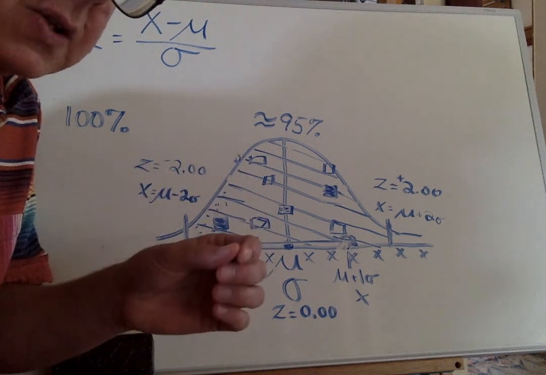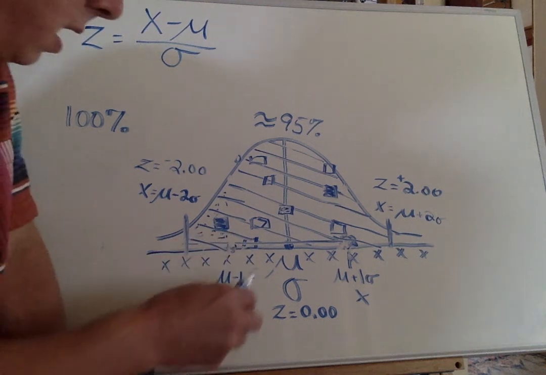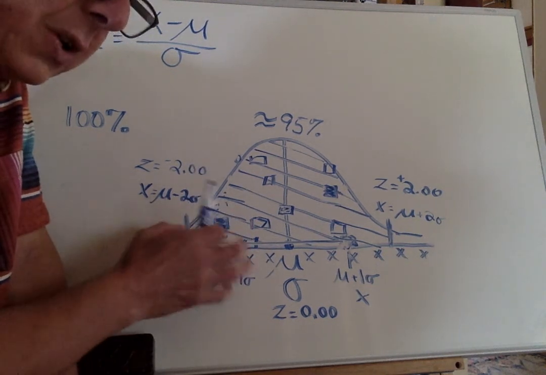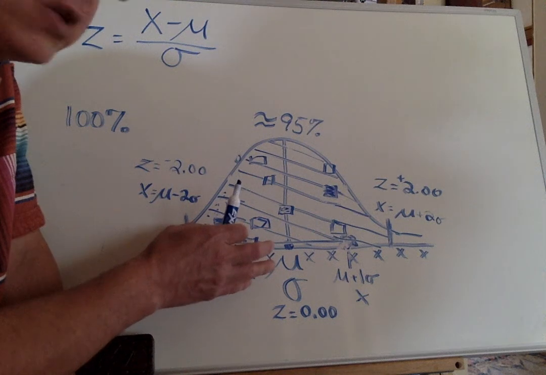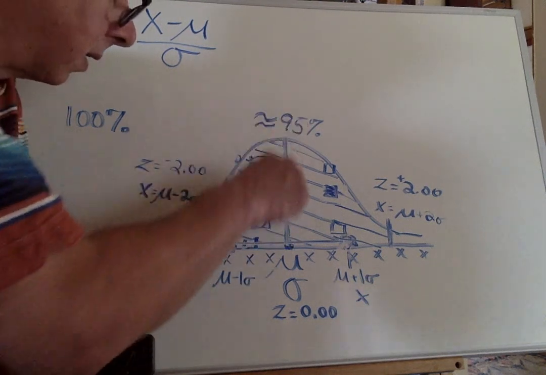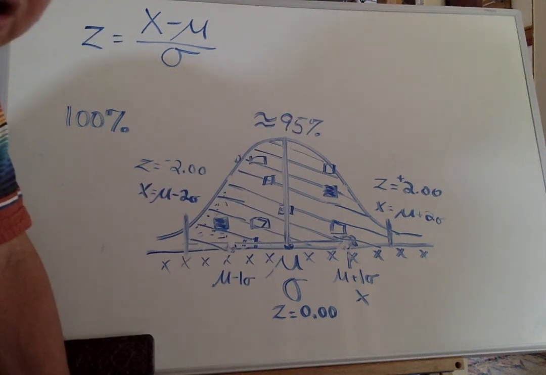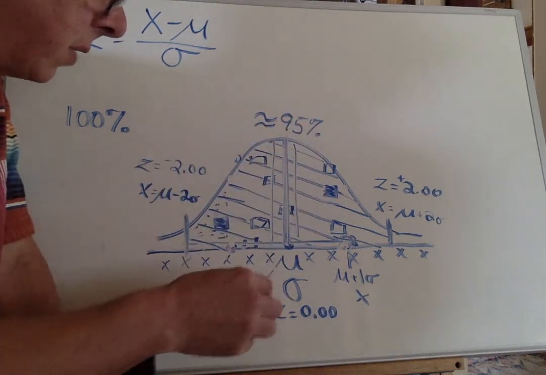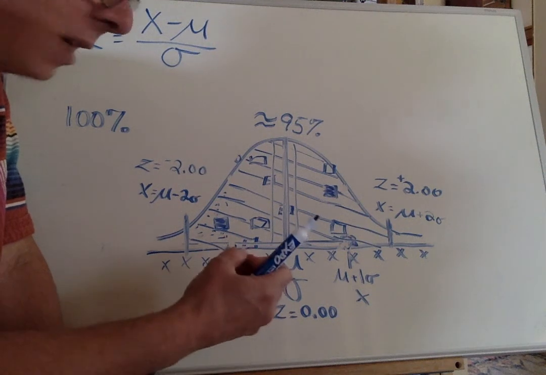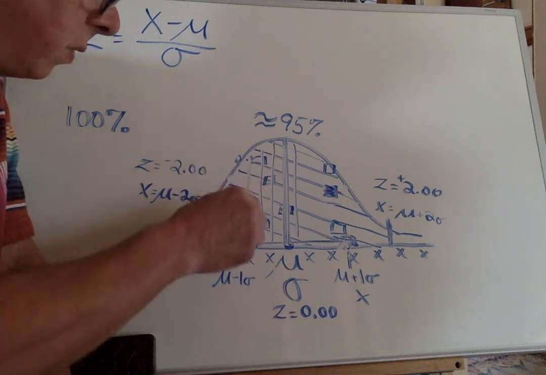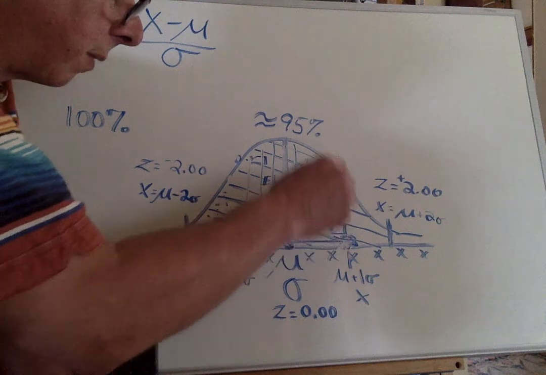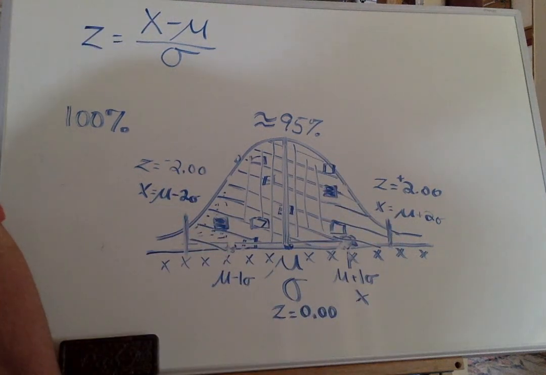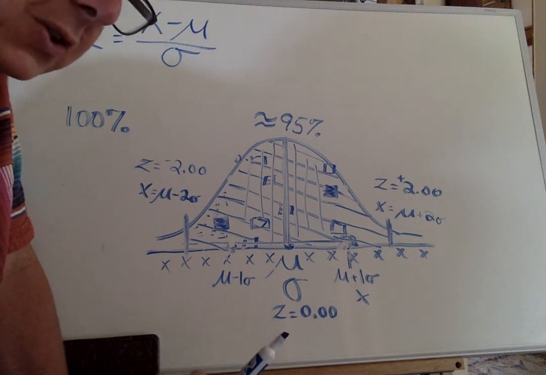But let's think about this in terms of all of these blocks under here. We know what the mode for this distribution is: the mode is right at the mean here. That's where most people fall, right at the mode. As we move away from the mean, because the mode is the mean in this case, the same value, we see fewer and fewer and fewer people. But 95% of the population falls within 2 standard deviations. What's the converse of that?